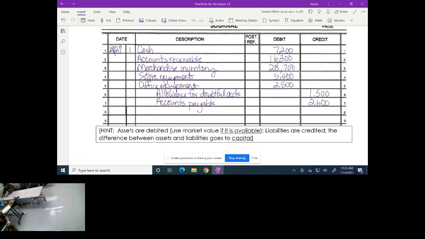All right. So what's the difference? What does the difference go to? Who's contributing these assets? Joseph Stevens. So capital for Joseph Stevens. So go to Stevens Capital, or Joseph Stevens Capital, whatever. And how much is that? 56,000.